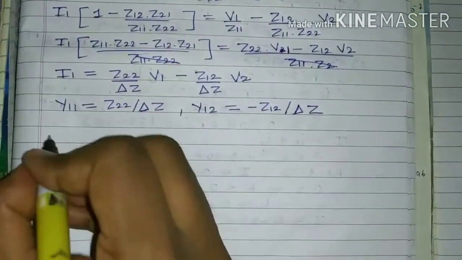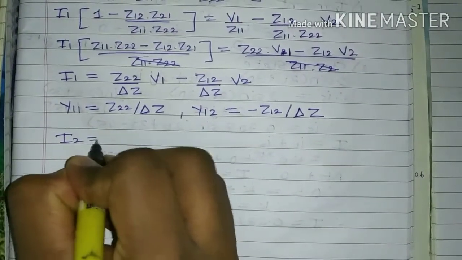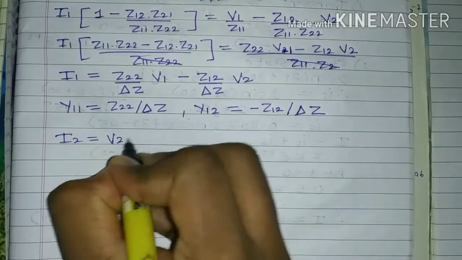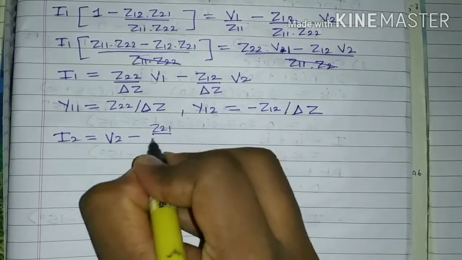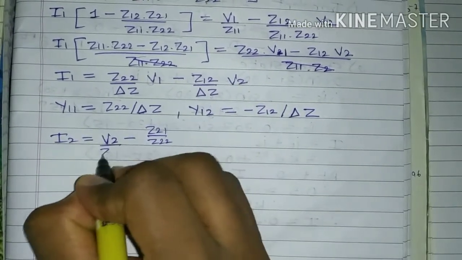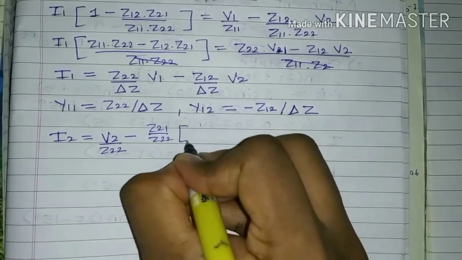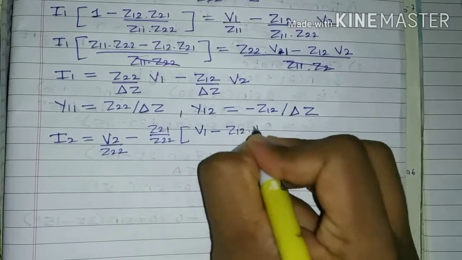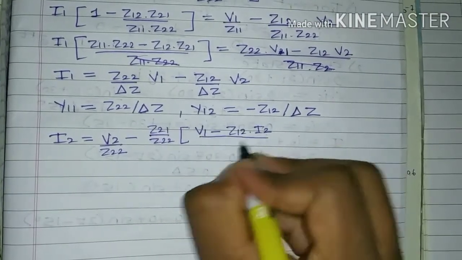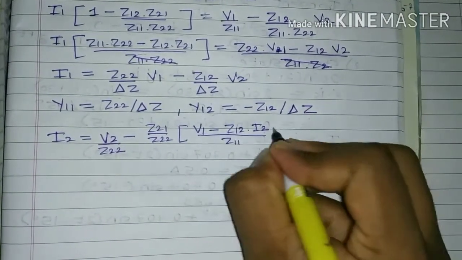So you get I2 is equal to V2 upon Z22 minus Z21 upon Z22 into I1. What is I1? I1 is (V1 minus Z12 into I2) the whole divided by Z11, correct?